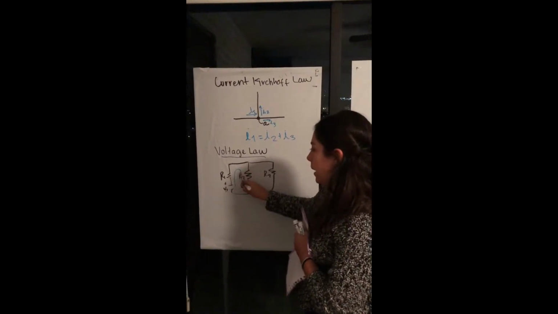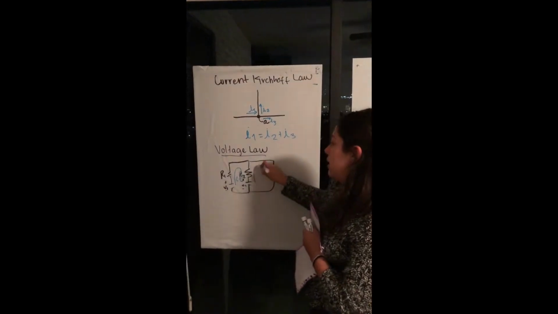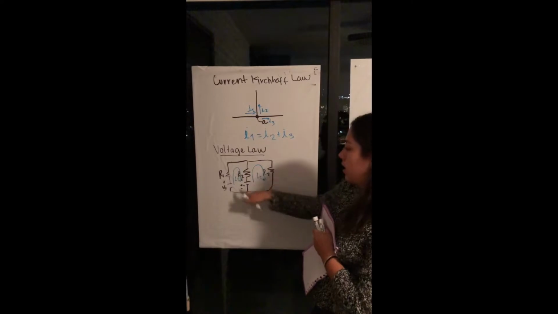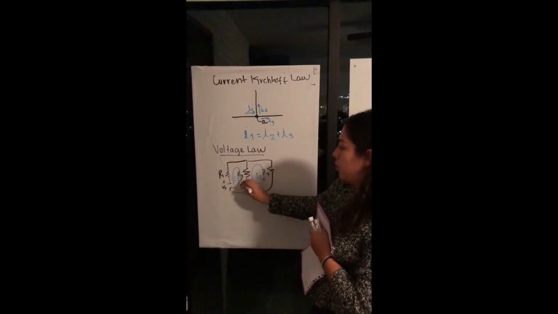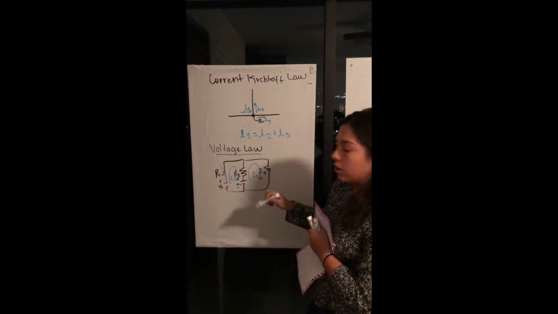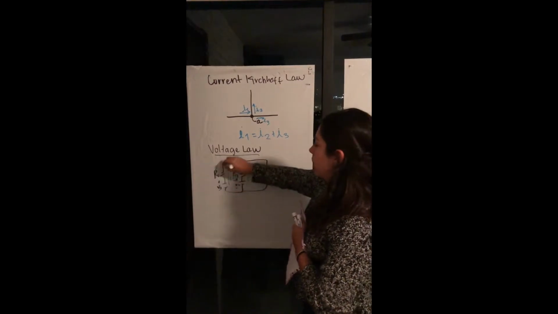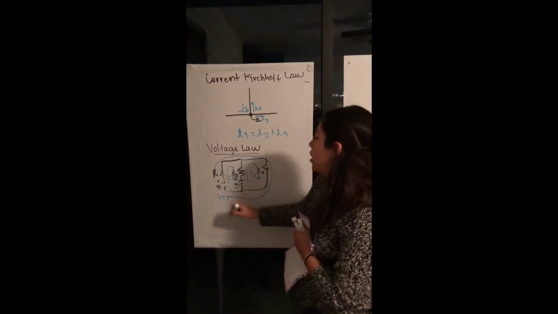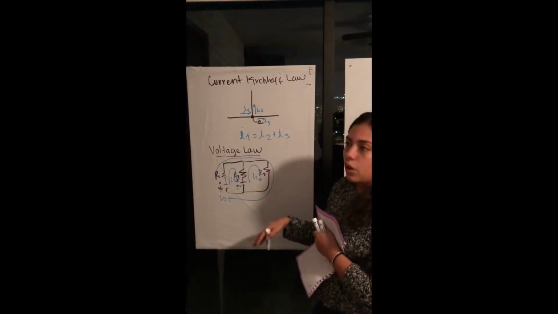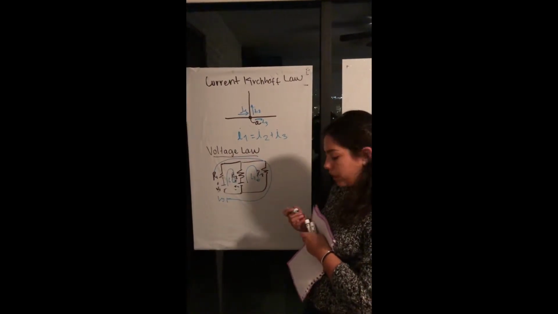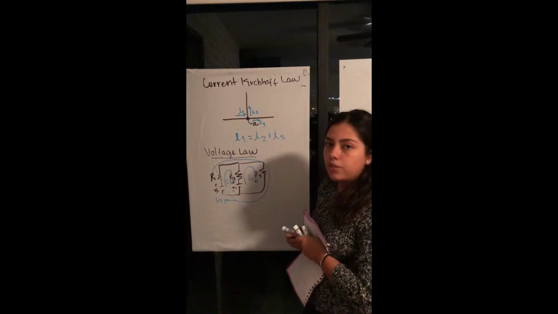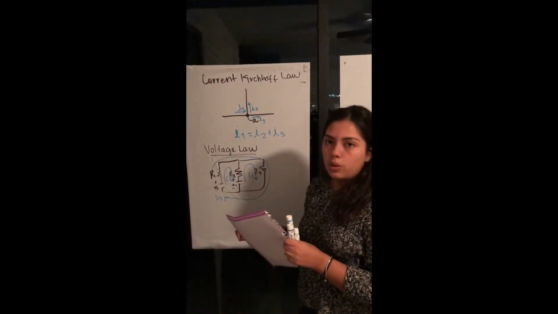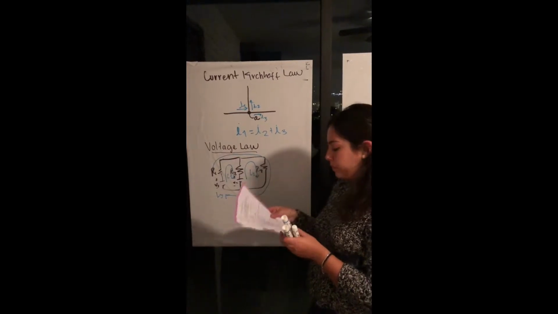So this would be my loop 1, this would be my loop 2. Notice that my arrows are marking the direction, and this would be my loop 3. All of the loops have to be in the same direction in order to not have different signs, otherwise you couldn't answer your problem.